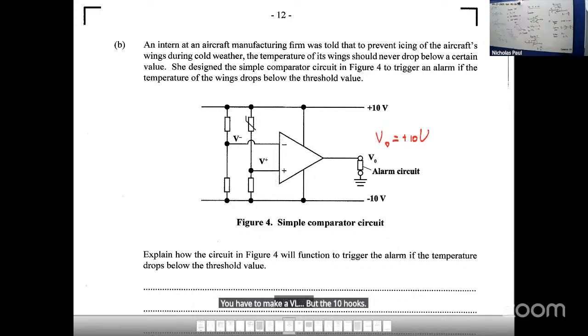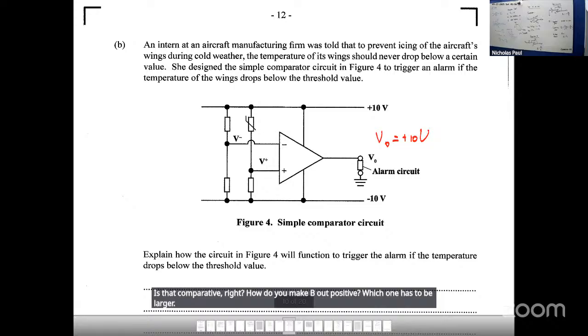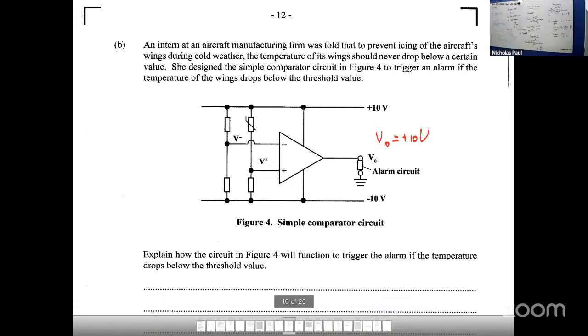It's a comparator, right? How do you make V out positive? Which one has to be larger? The non-inverting, let me be specific here: V plus must be bigger than V minus.